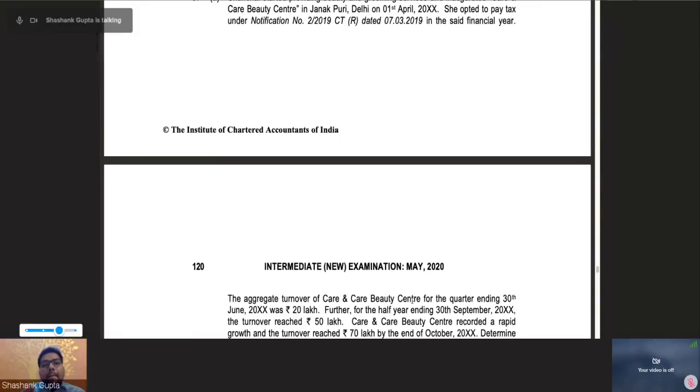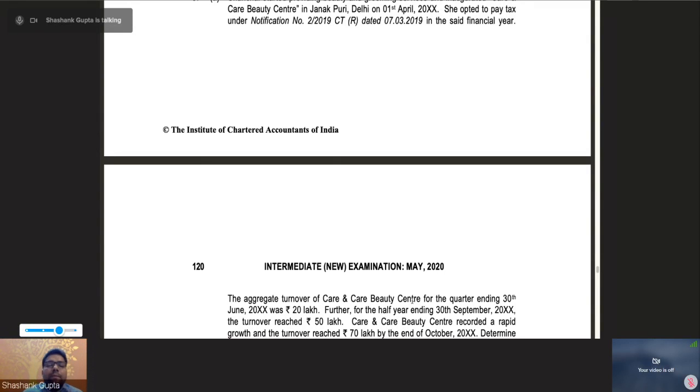Well, a prudent person will first wait till the time he reaches the registration threshold, because prior to that he will do nothing. Likewise in this case, until June, when the turnover reached 20 lakh, Chanchal would not want to obtain registration because her turnover is below the registration threshold.